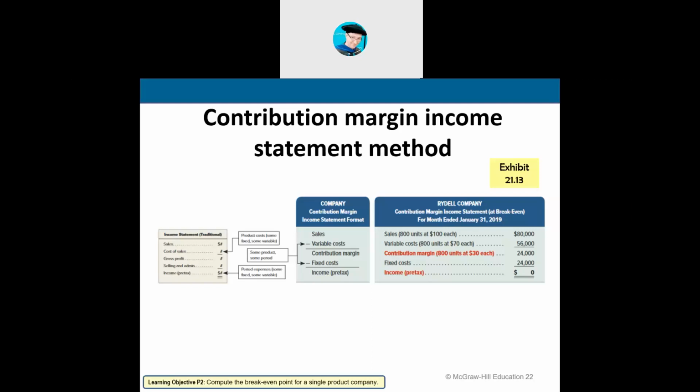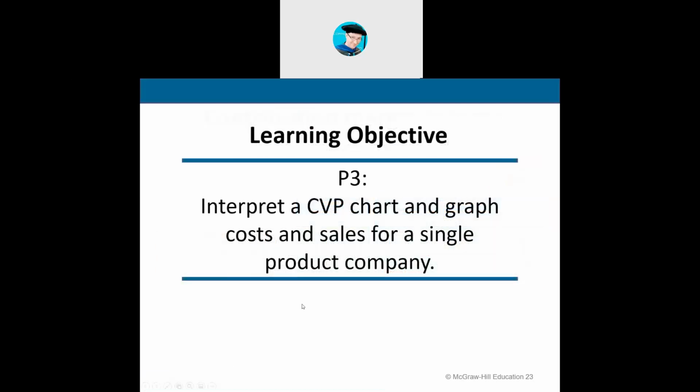Very straightforward. The contribution margin using the income statement is probably the easiest. Total sales minus variable costs equals gross margin or contribution margin, minus fixed costs equals net income. I like that one the best. It's just really straightforward, really easy.